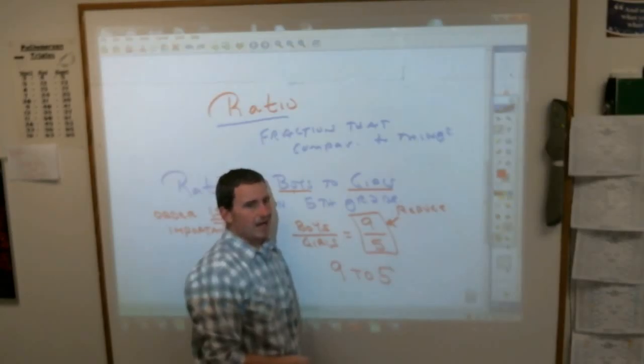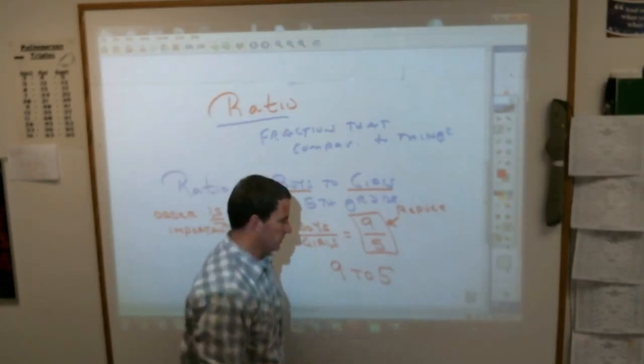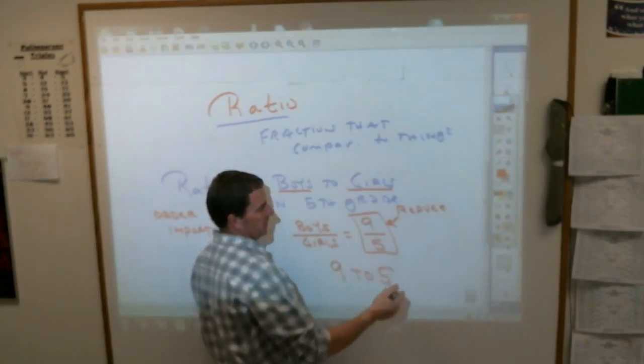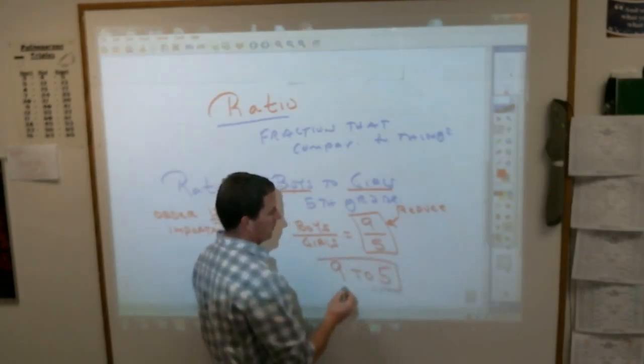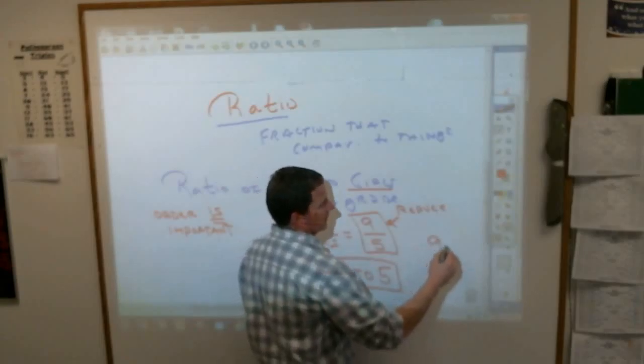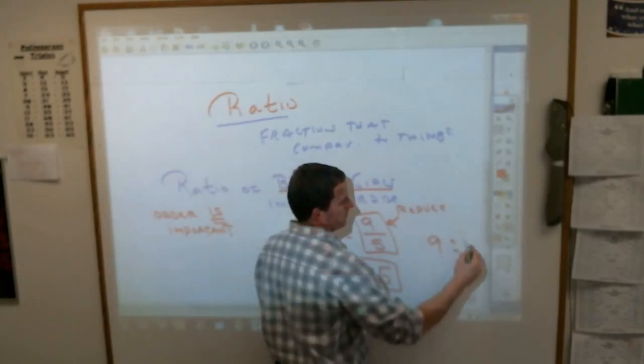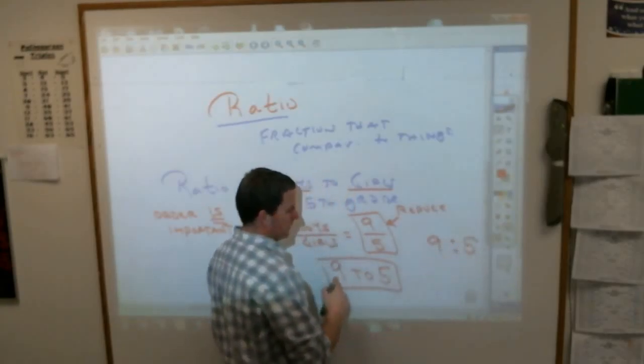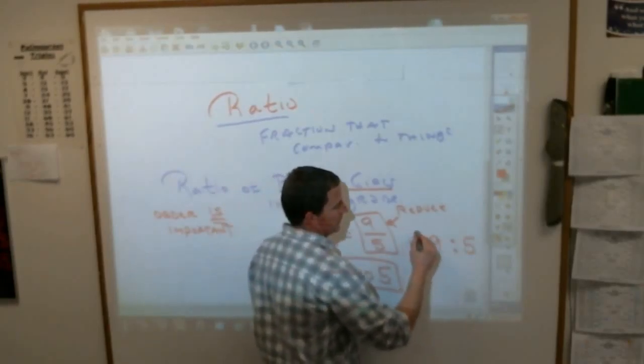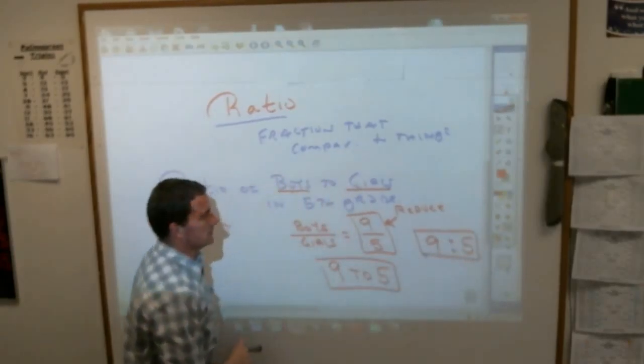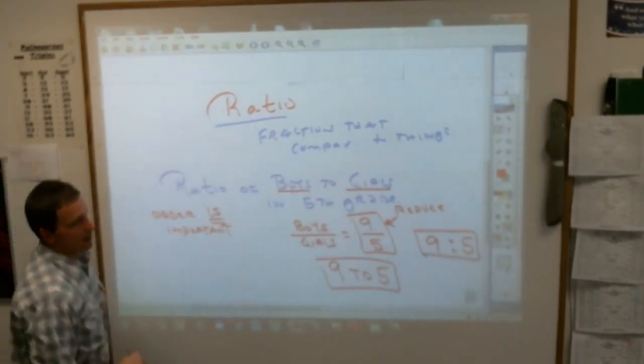Boys are to, hot is to cold, analogies. Yeah, same sort of thing. The third way you can show a ratio is with a colon. 9 to 5, 9 to 5, 9 to 5 all mean the same exact thing.